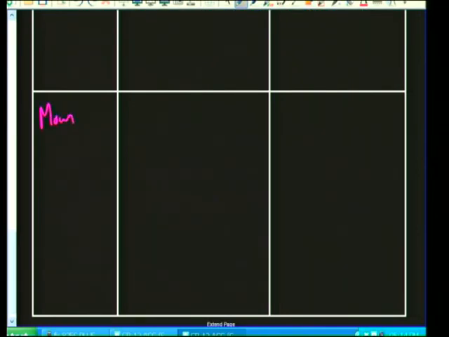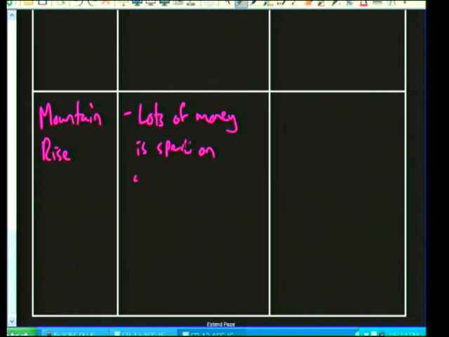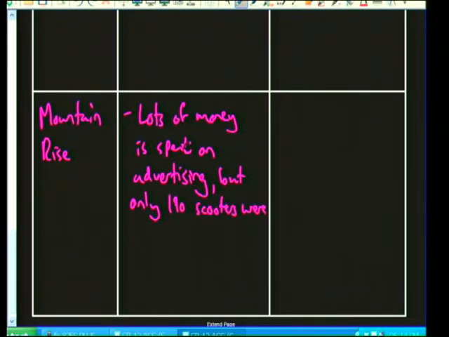Mountain Rise. We could say lots of money is spent on advertising, but only 190 scooters were sold.